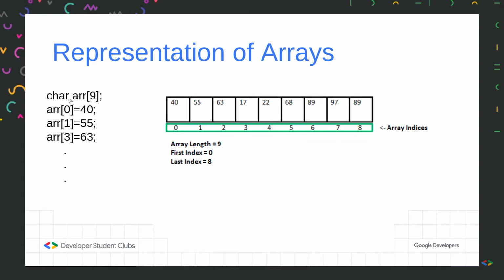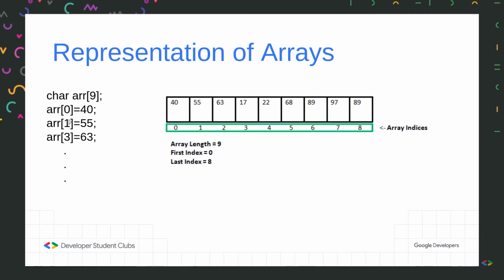So when I say char ar[9], I get these nine locations in the memory that are contiguous, and I can store data in it. Like when I say arr[0], 0 means we are referring to index 0, that is the first box of our array, and we are assigning it 40, so we have 40 stored in it.